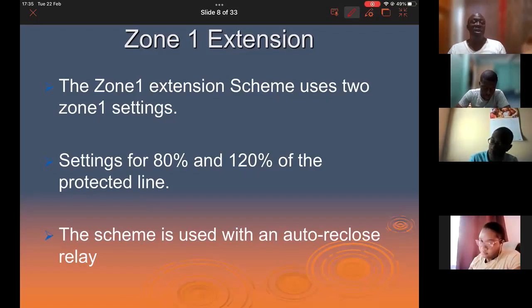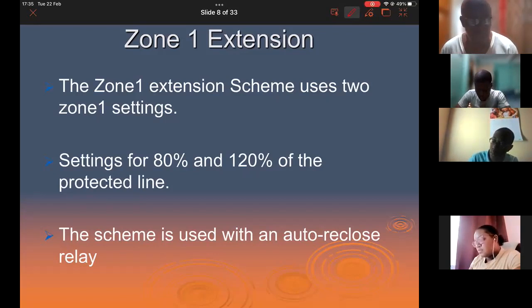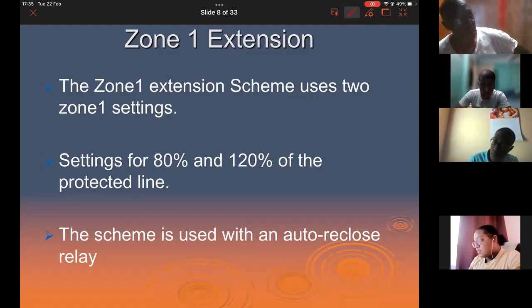So there is communication. However, where you have circumstances that you cannot rely on the communication channel, so for whatever reason you have some issues.